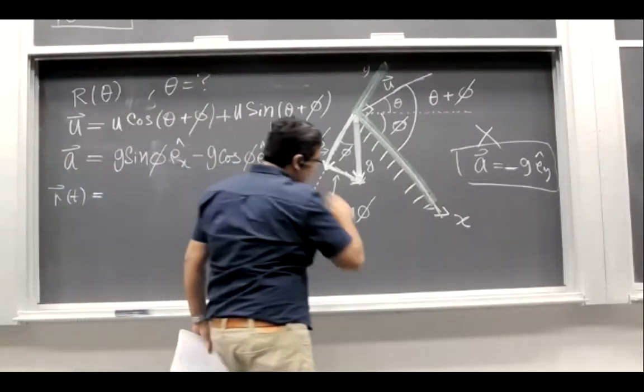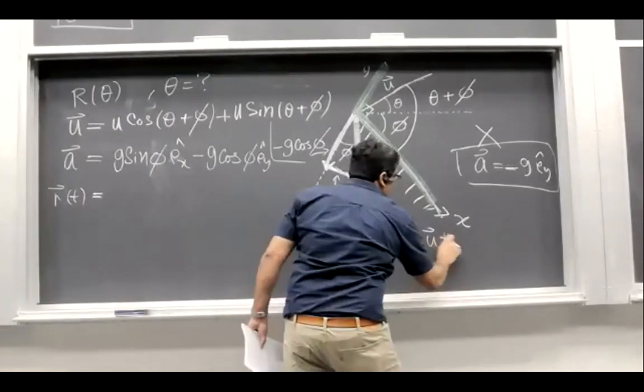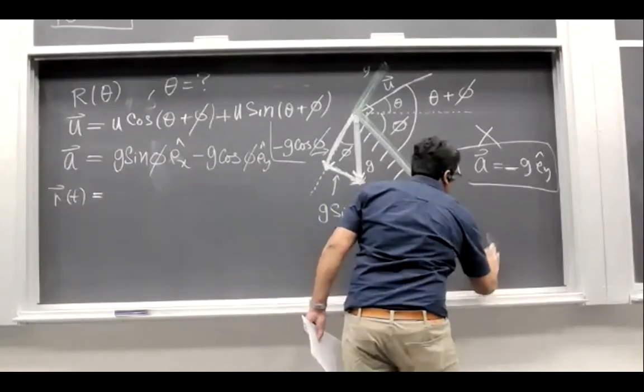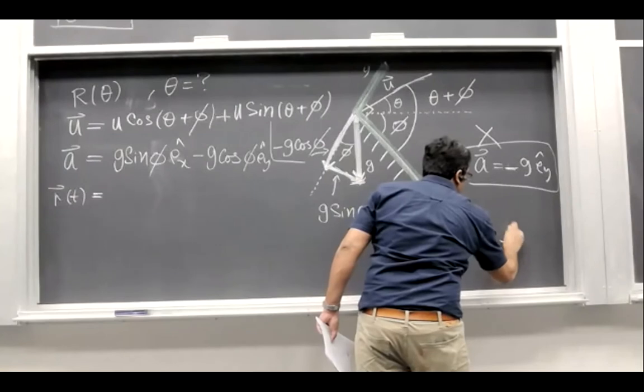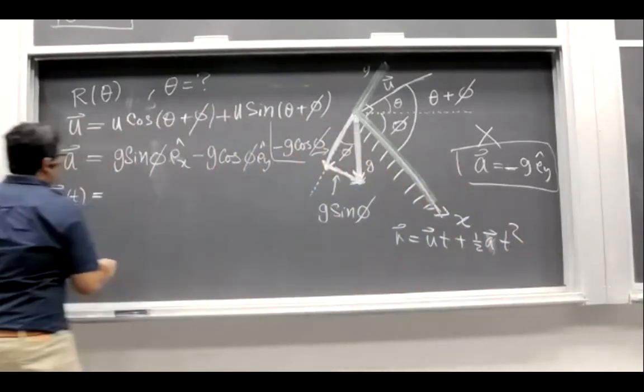The equation is something like this: ut plus half at squared.